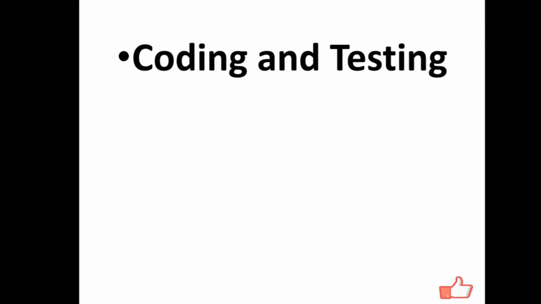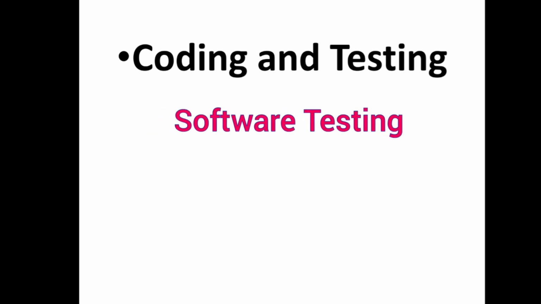Next is coding and testing. Students, when the designing part is done, the next step will be coding or implementation of the design. And once the implementation of the design, that is coding, is done, then comes the main part of software engineering, that is software testing. Testing is a very important topic because this is the process with which we can evaluate and verify whether a software product or application does what it is supposed to do or not.